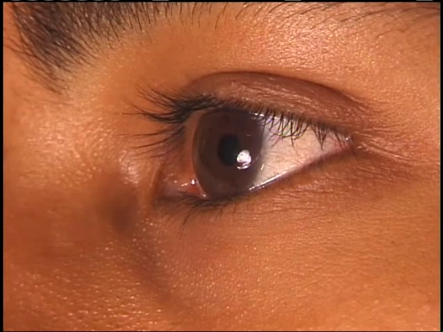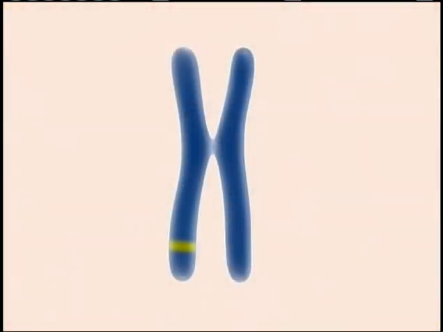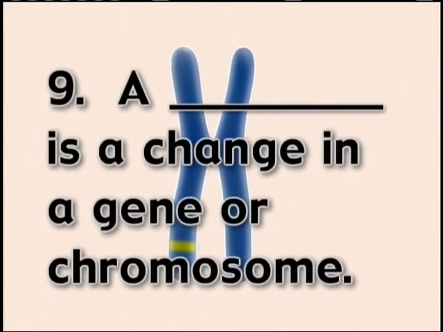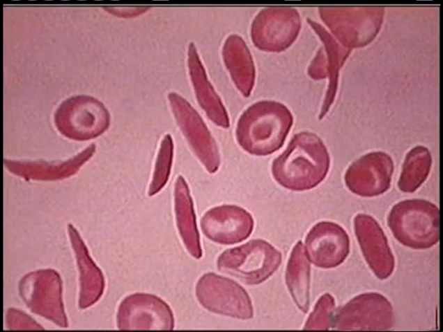Number 8. In ___ inheritance, a group of genes together produces a trait. Number 9. A ___ is a change in a gene or a chromosome. And number 10. Sickle cell anemia is the result of a ___ disorder.